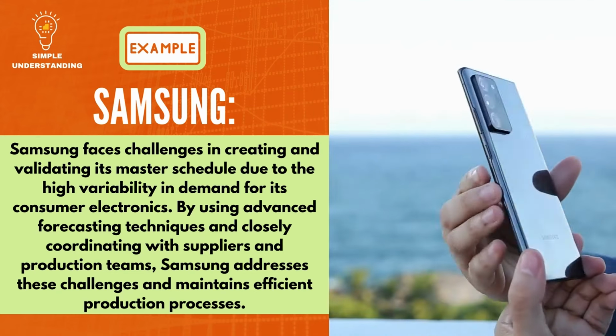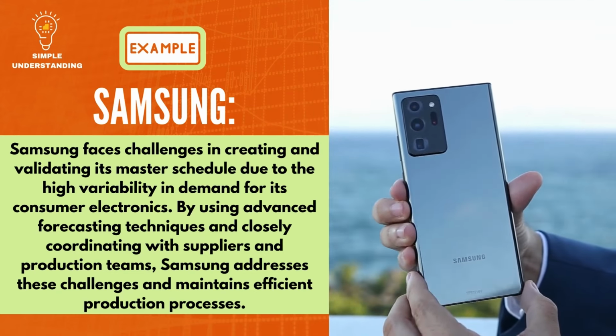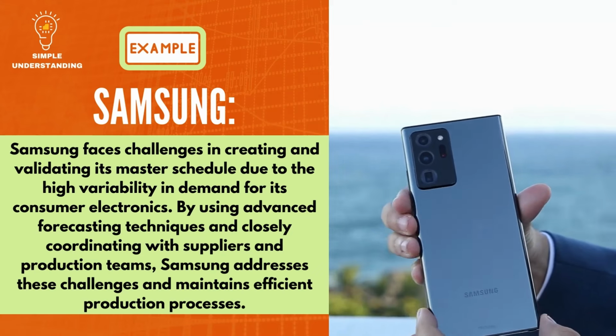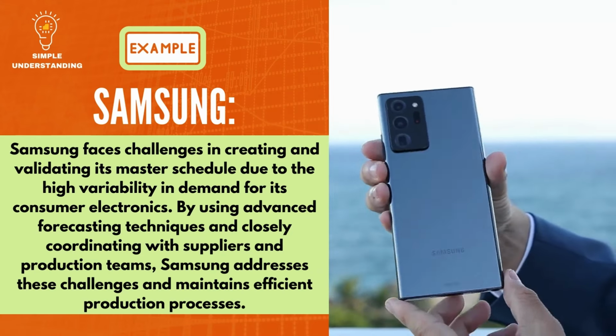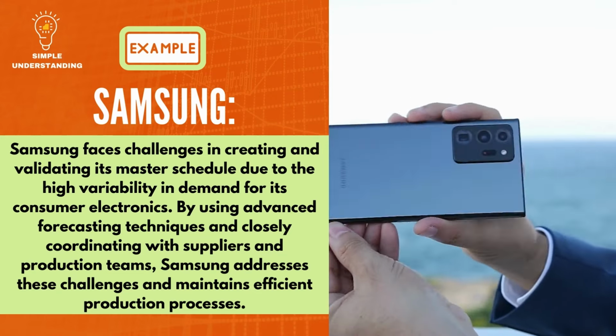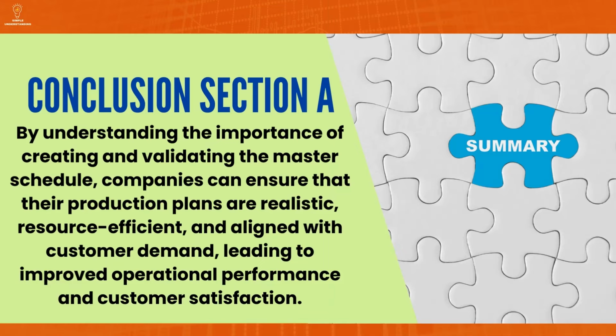By using advanced forecasting techniques and closely coordinating with suppliers and production teams, Samsung addresses these challenges and maintains efficient production processes. Conclusion: by understanding the importance of creating and validating the master schedule, companies can ensure that their production plans are realistic, resource-efficient, and aligned with customer demand, leading to improved operational performance and customer satisfaction.